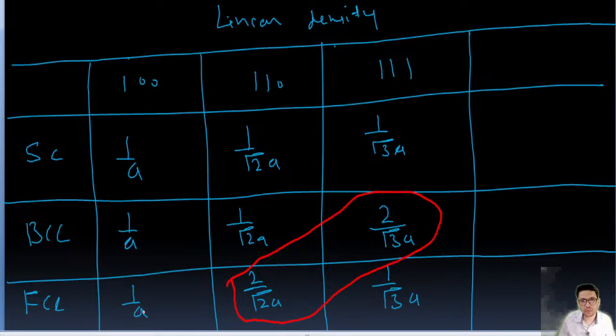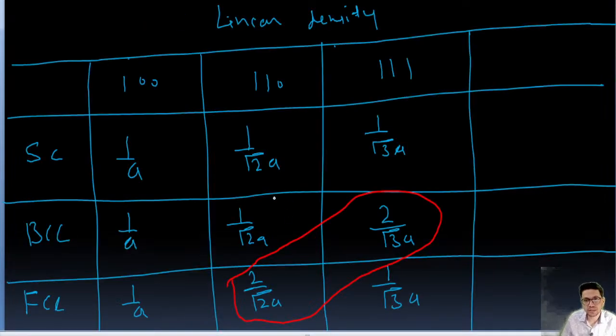This is the linear density for SC, BCC, and FCC crystals, whose Miller indices are 100, 110, and 111. Now the same chart I'm going to make for atomic density. This chart is very important, guys, and very simple to learn. Write 1 upon a, 1 upon a, 1 upon root 2a, 1 upon root 2a, 1 upon root 3a, 1 upon root 3a, and in this place just multiply by 2. You'll get this. So it's the trick of learning this linear density.